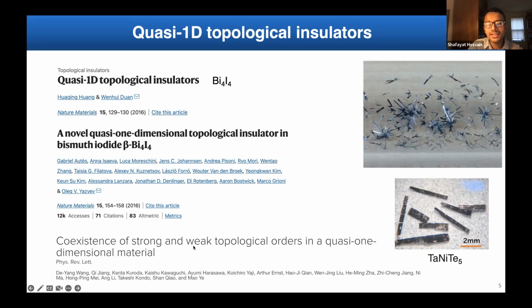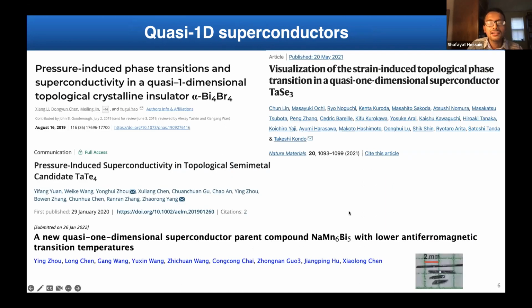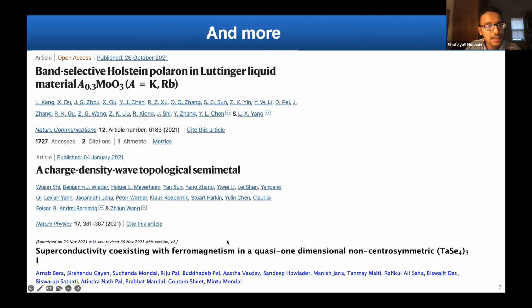There is even coexisting strong and weak topology in another quasi-1D material, tantalum nickel tellurium 5. There are quasi-1D superconductors. You can apply pressure and make bismuth bromide superconducting, or even tantalum tellurium 4 superconducting. And there are some quasi-1D superconductor compounds with intriguing magnetic structures and so much more.